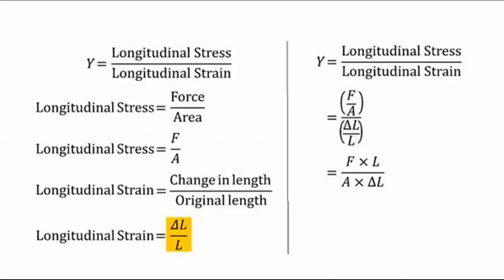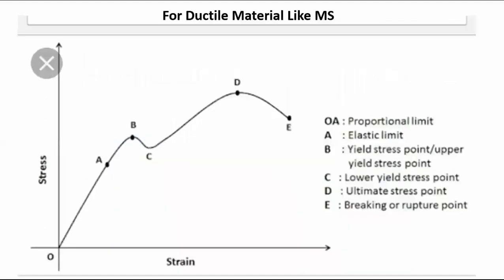Just look here at how we will use these formulas, or I will explain here. You can see that there is stress on the y-axis and strain on the x-axis, and up to this point A, it is the proportional limit. That means stress is proportional to strain.